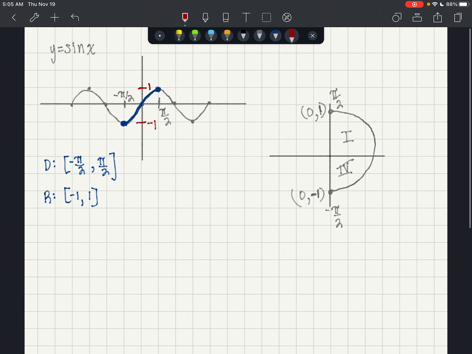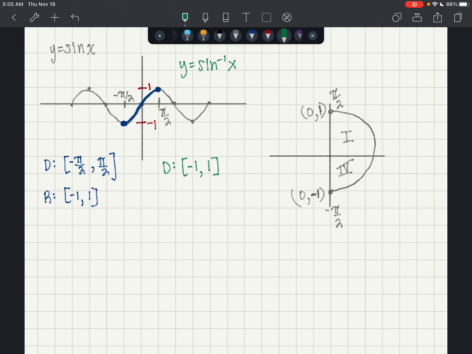Now, if we have y equals the inverse sine of x, that's going to give us a domain of -1 to 1 and a range of -π/2 to π/2. So -1 to 1 is ratios, -π/2 to π/2, those are angles.